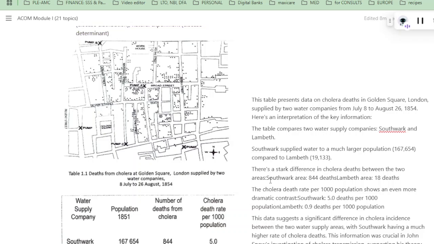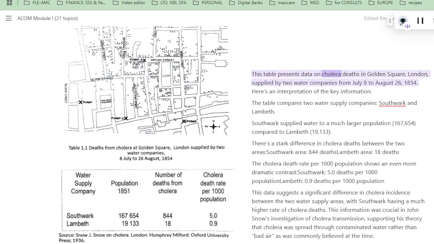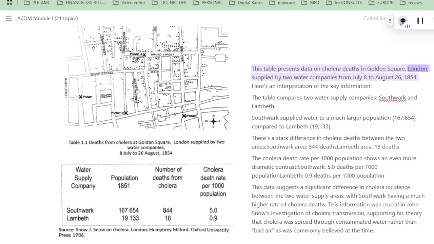This table presents data on cholera deaths in Golden Square, London, supplied by 2 water companies from July 8 to August 26, 1854. Here's an interpretation of the key information. The table compares 2 water supply companies, Southwark and Lambeth.